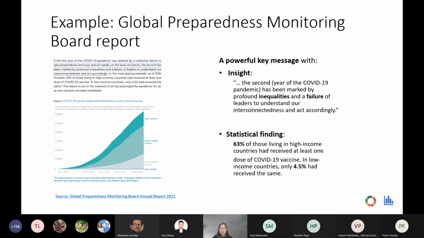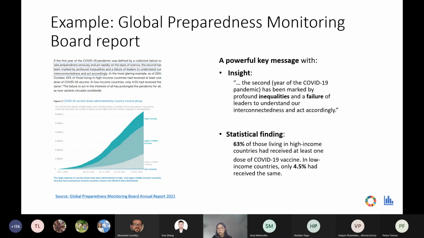Here's a quick example from the Global Preparedness Monitoring Board report. It has a very powerful key message. It has an insight. This is a description of how the world reacts to COVID-19 for the 2nd year. And the overall insight is the response is marked by inequalities and the failure of leaders to understand the interconnectedness and act accordingly.